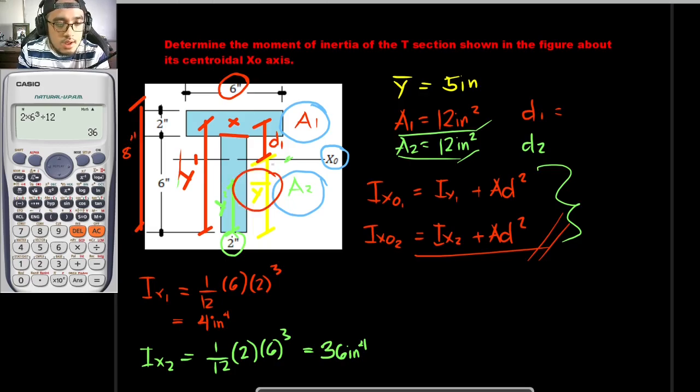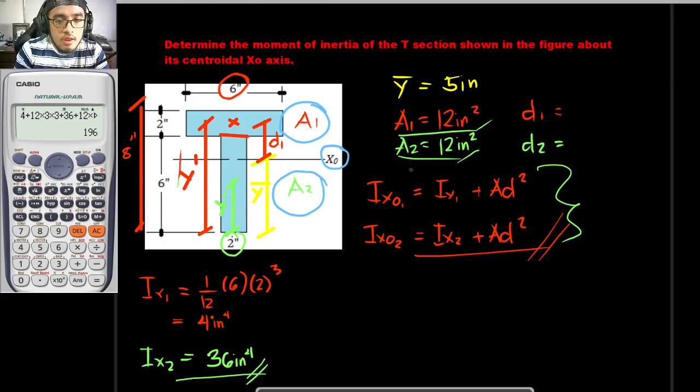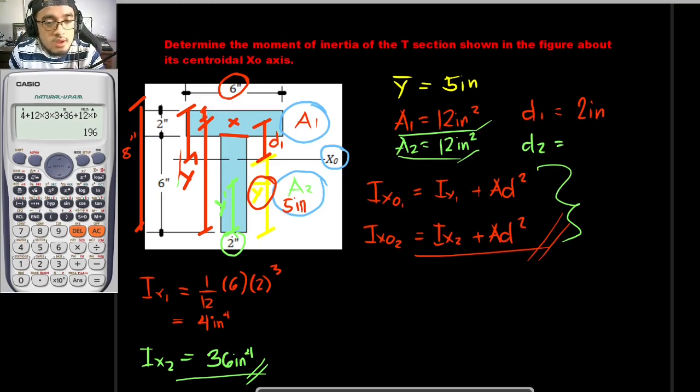So for your d sub 1, that is to be 8 minus 5. If you subtract 8 minus 5, it would be this dimension right here. But we must subtract this dimension right here just to get the dimension of its centroid up until this point. So that is to be 2 inches. So this is to be 2 inches, this is to be 5 inches, this is to be 8 inches, and this one is to be 1 inch. So that is by inspection.